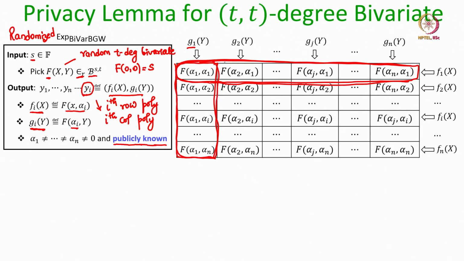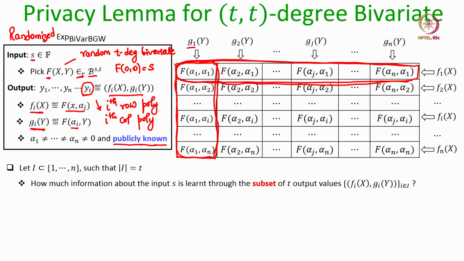So, either I can interpret that the first pair of output is the polynomials f sub 1 x and g sub 1 y, or I can interpret that the first output consists of the first row and the first column. Both forms are equivalent. Now, what exactly is the privacy lemma here?